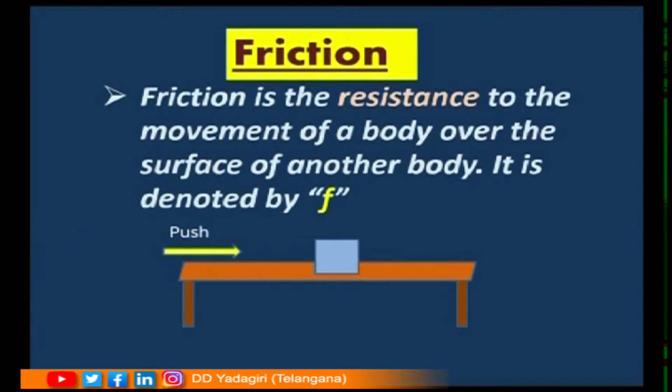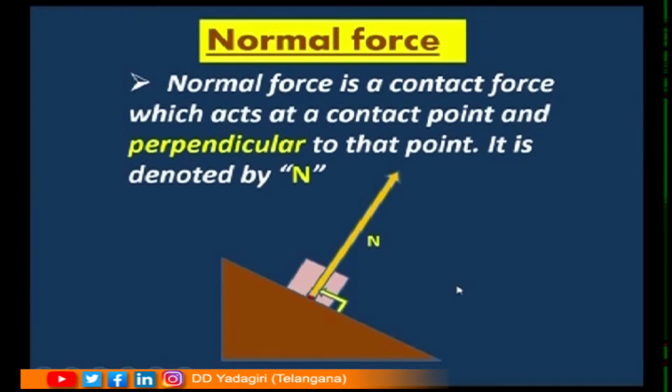See here, a push is given to the block, and after some time it comes to rest. Observe here, a frictional force is developed between the two contact surfaces. This arrow mark is opposite to the external force, meaning frictional force is always developed opposite to the external force.